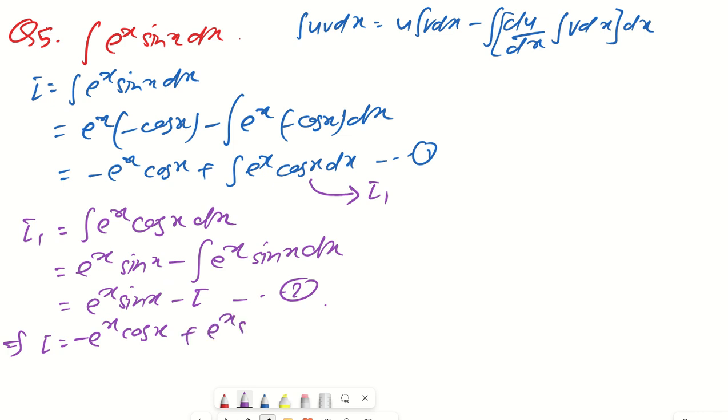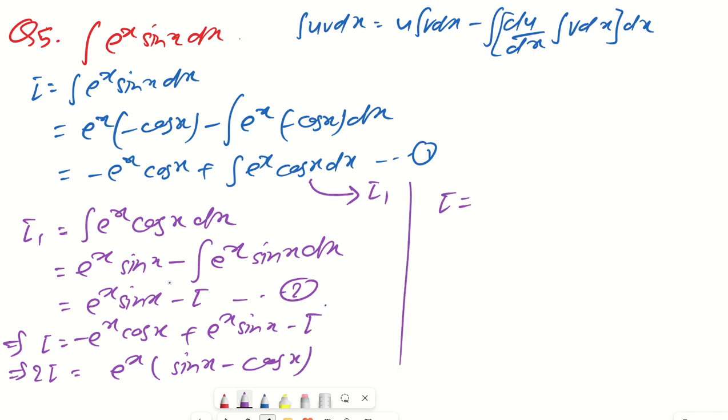So I can write plus e to the power x sin x minus I, and this I will come to this side, so it becomes 2I. So 2I will be equal to e to the power x, taking common, sin x minus cos x. So what will be my I?